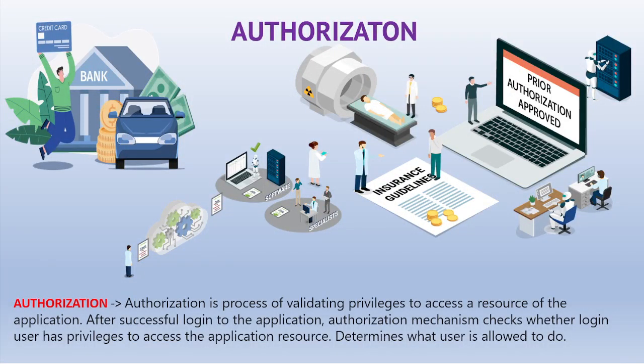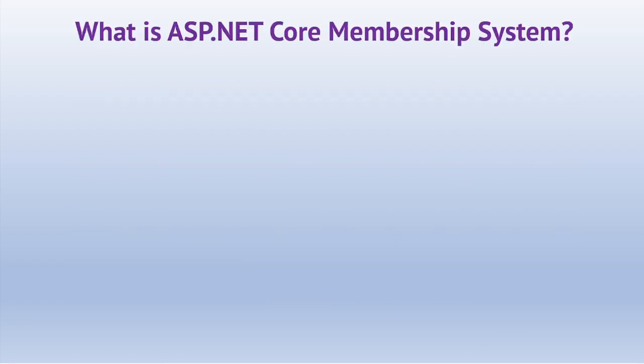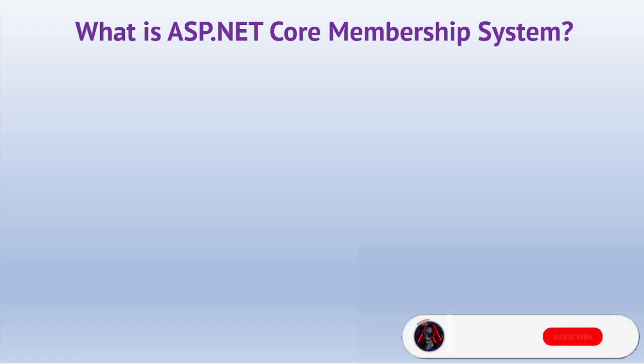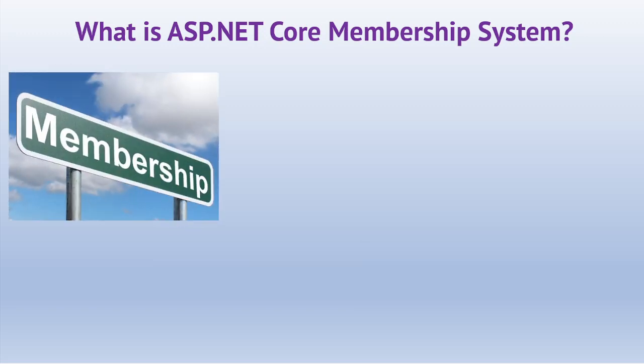Once we are done with this, we need to know what the ASP.NET Core membership system is. Before the advent of ASP.NET Core Identity, .NET used a forms authentication system to validate the information. The system used cookies to store credential information.